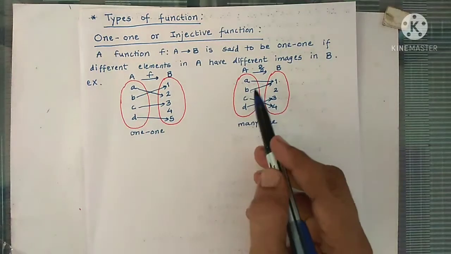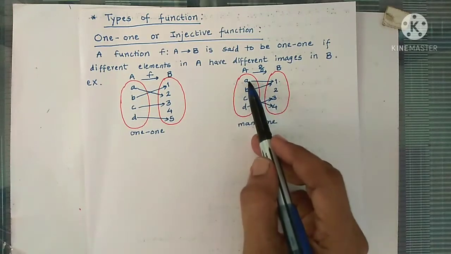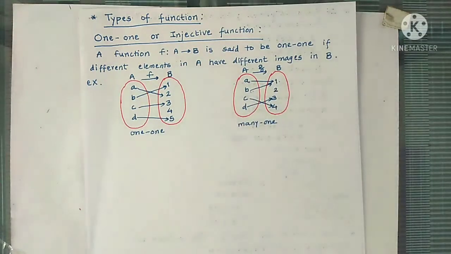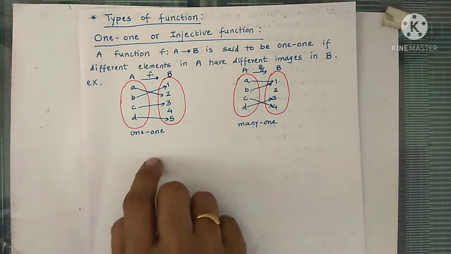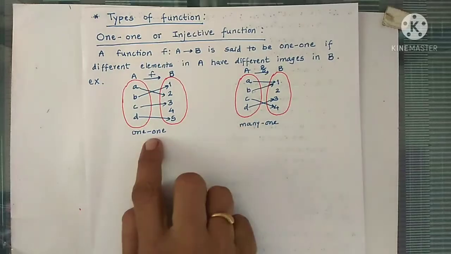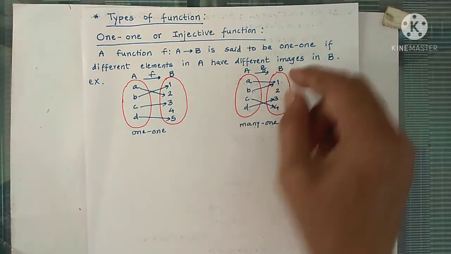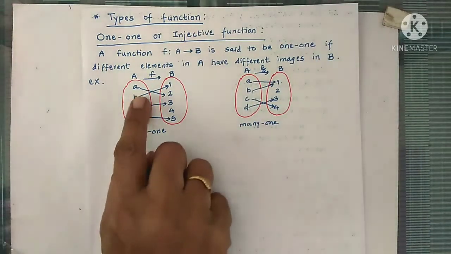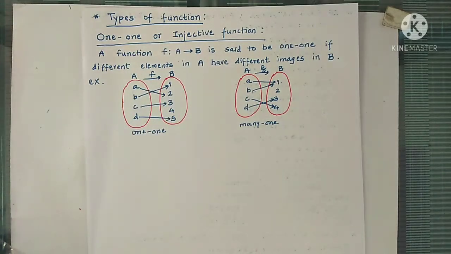If more than one element has the same image, then that function is known as many-one. The definition is clear from the word only: many to 1, that's why it is known as many-one. This one is 1 to 1, so one-one function, and one-one function and many-one function.